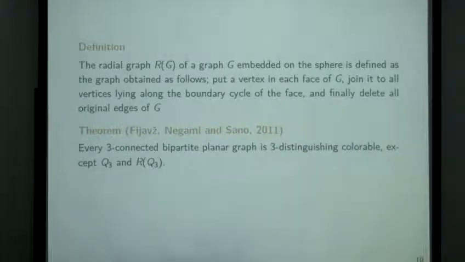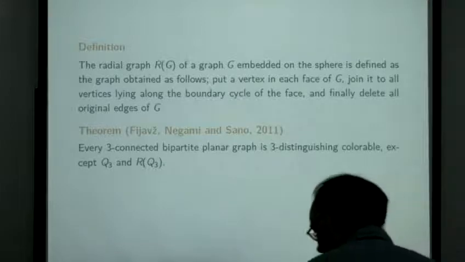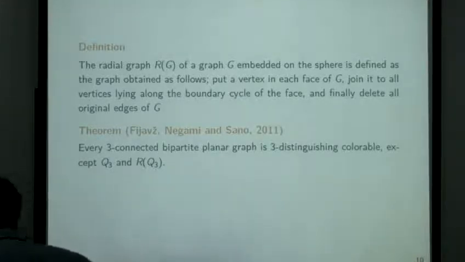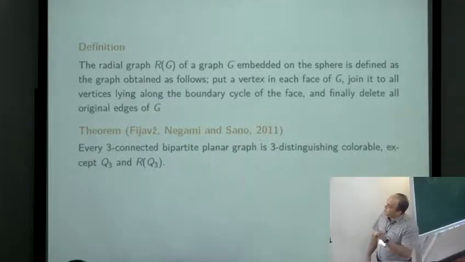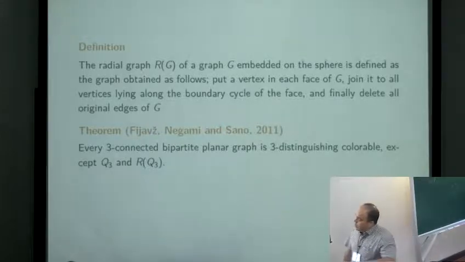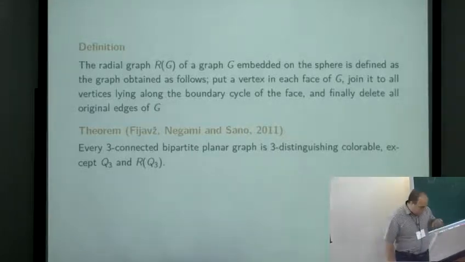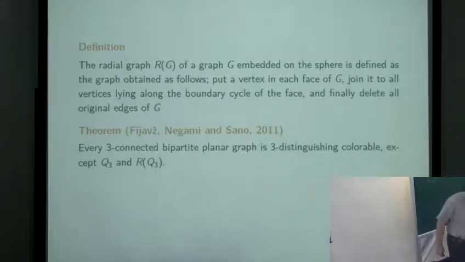And here we need the definition of the radial graph, denoted by R(G), which is defined as the graph obtained as follows. Put a vertex in every face of the graph, join it to all vertices lying along the boundary cycle of the face, and finally delete all original edges of the graph.